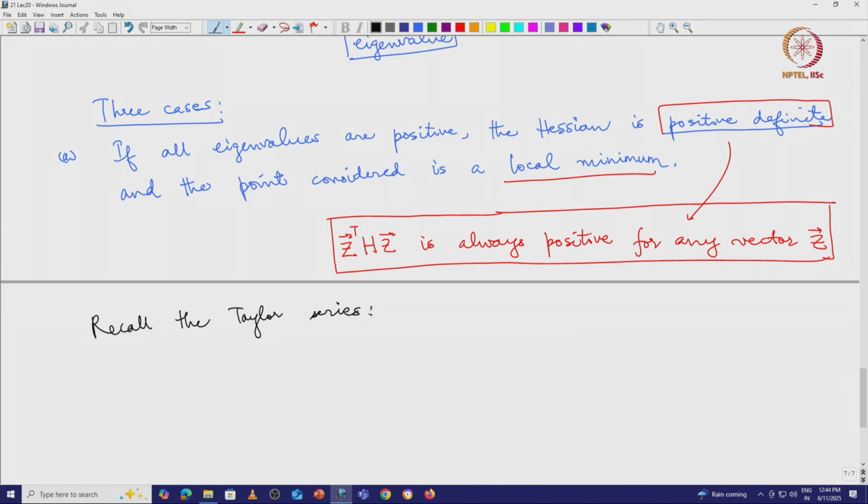This stated that L at beta plus delta beta was equal to L at beta plus the transpose of the gradient of the loss function times delta beta plus half of delta beta transpose Hessian times delta beta.